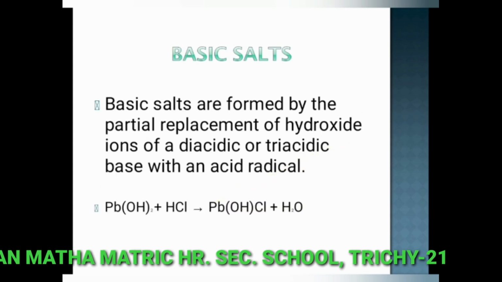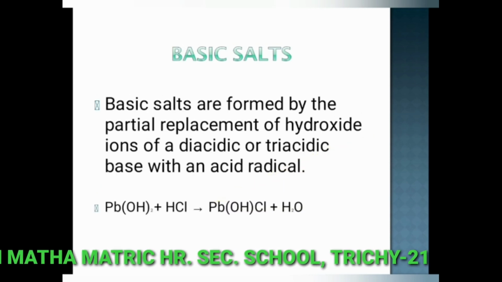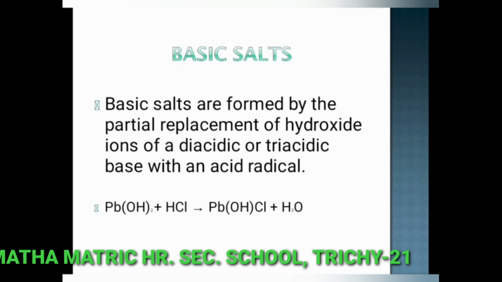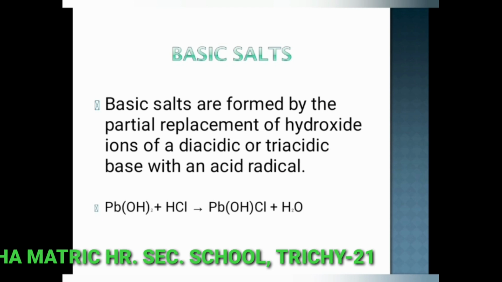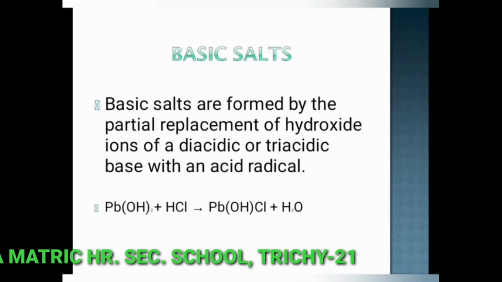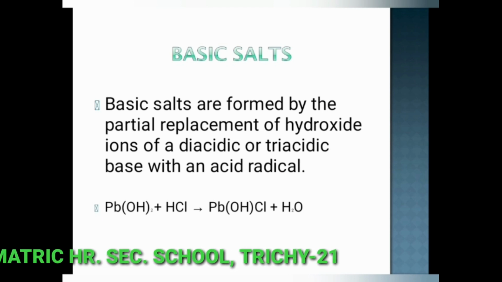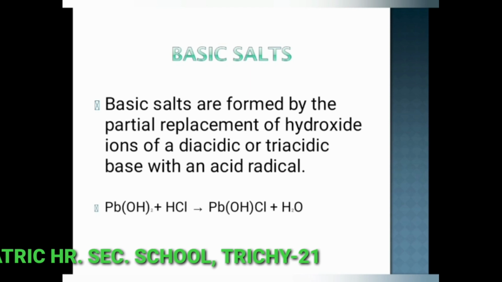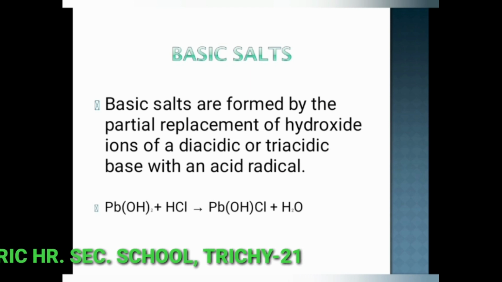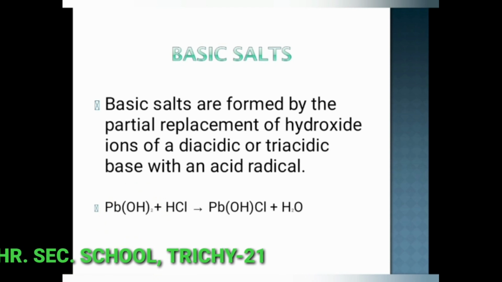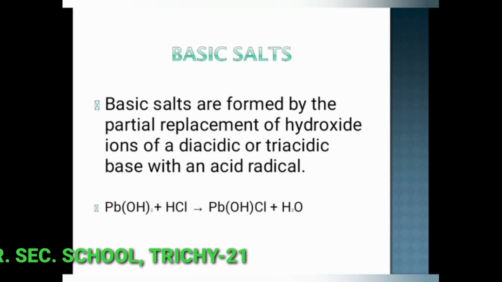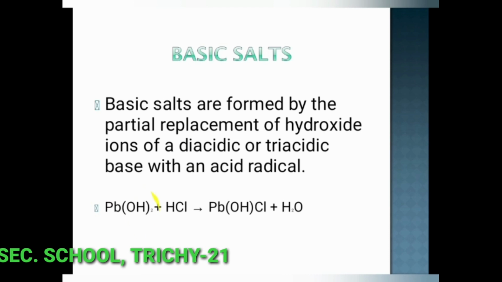The next type, basic salts. Basic salts are formed by the partial replacement of hydroxide ions of a diacidic or triacidic base with an acid radical. So what is diacidic or triacidic? Here, lead hydroxide is an example of a diacidic base because it contains 2 hydroxyl ions.